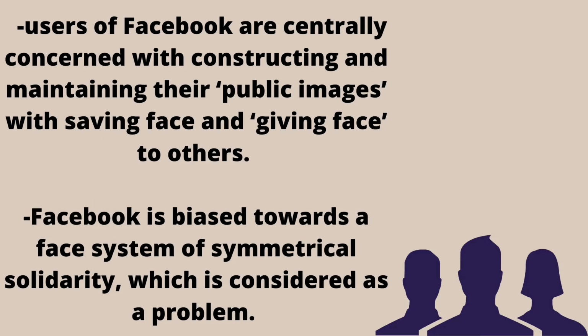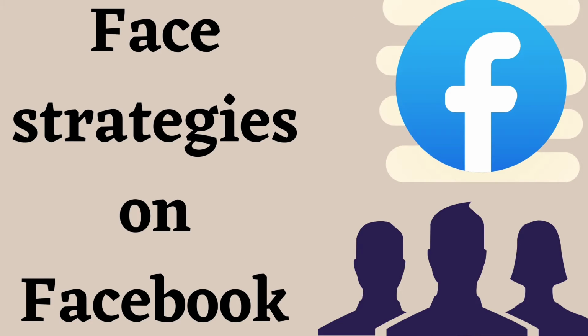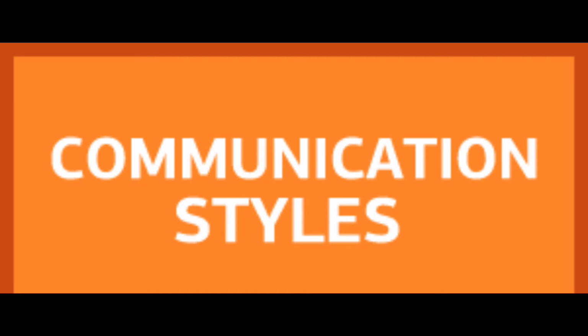Users of Facebook are certainly careful when constructing and maintaining their public images, with saving face and giving face to others. Saving face is the effort put in to avoid embarrassment between parties involved in a negotiation, while giving face is the action intended to defend and understand the inclusion of the other party in the negotiation. It may involve understanding the other party's culture, norms, and communication styles.